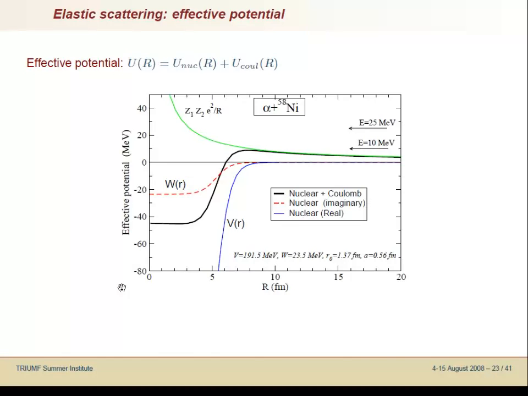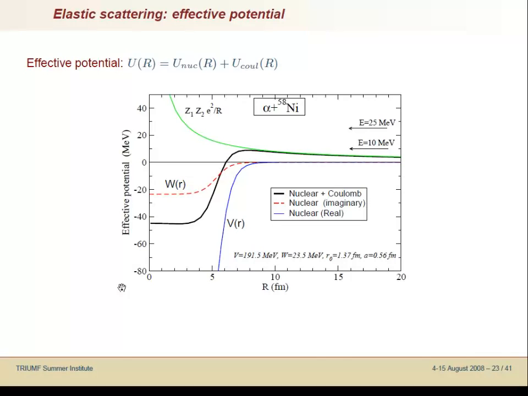This maximum of the real part of the effective potential is known as the Coulomb barrier. So if you are well below this Coulomb barrier, you will have classically a turning point somewhere here. This means that the projectile will not penetrate into the region of the target, will not feel the nuclear interaction, only the Coulomb interaction. So we expect to have Rutherford scattering.